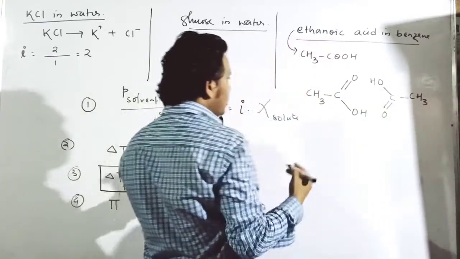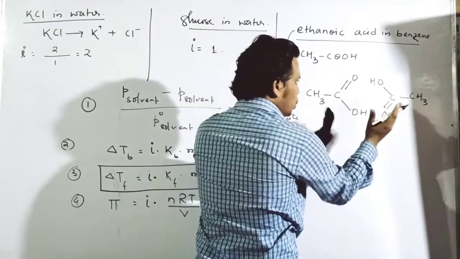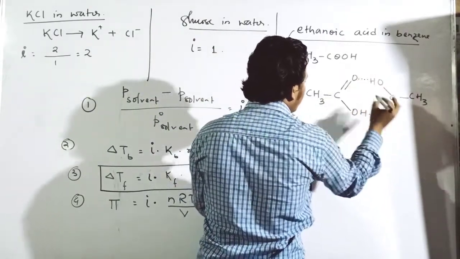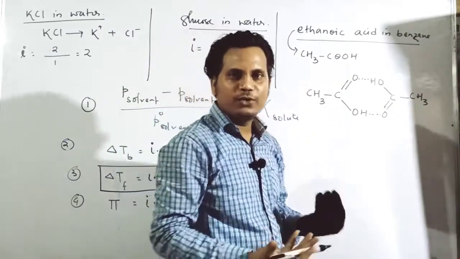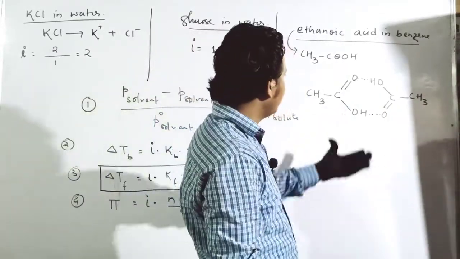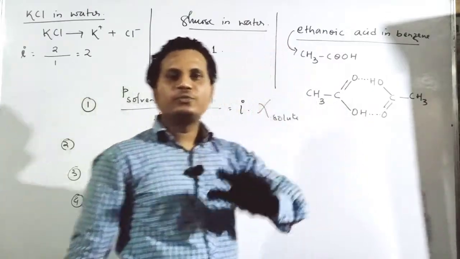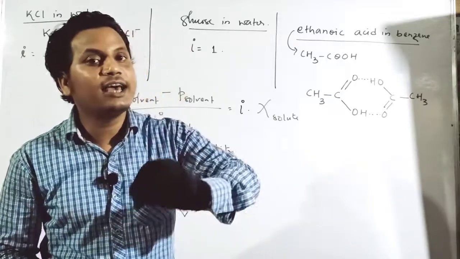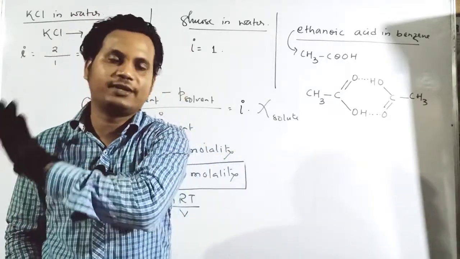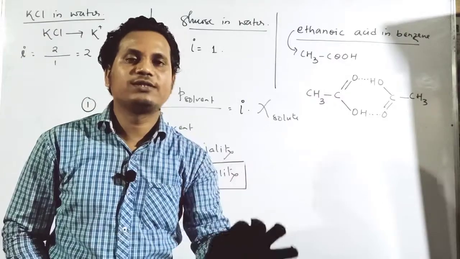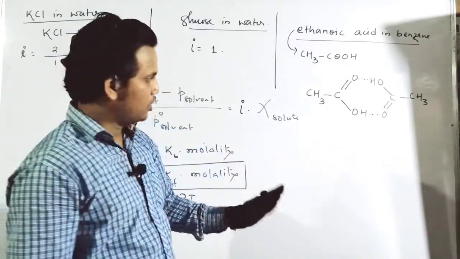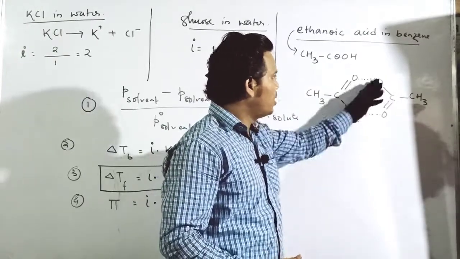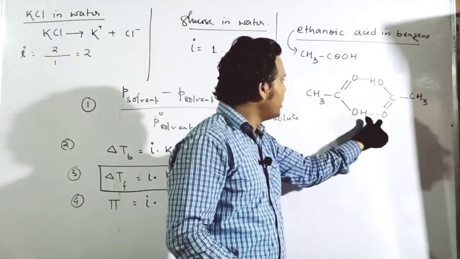So you see, if we take 2 molecules of ethanoic acid, then there will be hydrogen bond. Hydrogen bond we already know from class 11 chemical bonding. What is a hydrogen bond? It is a weak bond formed by a hydrogen atom with a highly electronegative atom like fluorine, oxygen or nitrogen. Oxygen is highly electronegative, hydrogen is there, so there can be hydrogen bond.